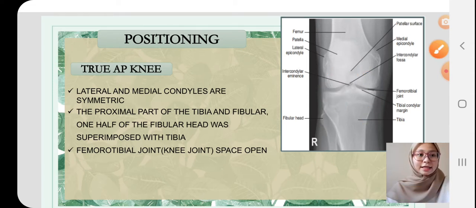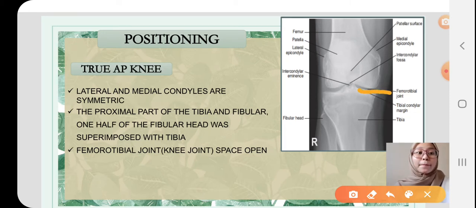And lastly, the femorotibial joint, which is here, the space is open. So that is a true AP knee projection.